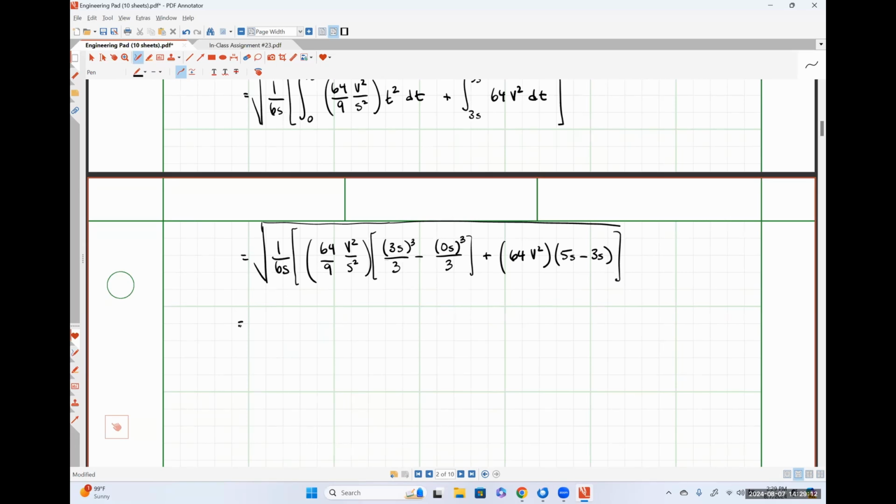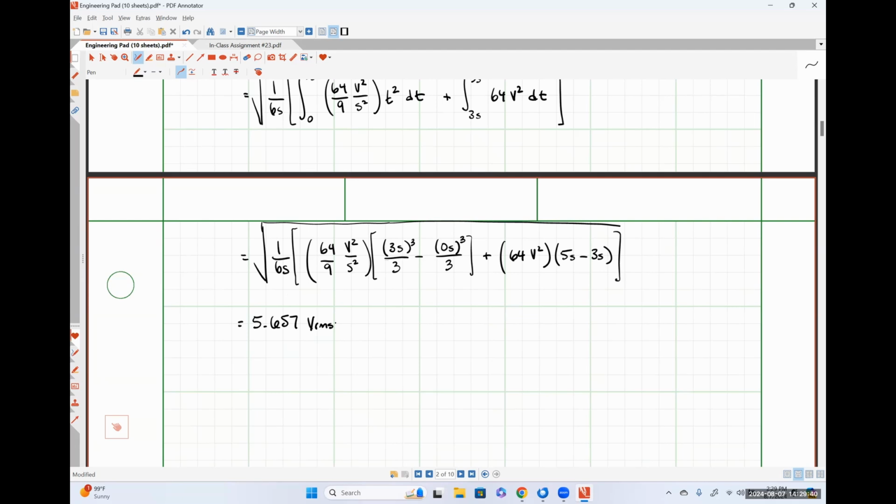And I wound up getting 5.657 and some change volts RMS. And I'm using the units of volts RMS to remind myself that we have just determined an effective value for this voltage waveform.